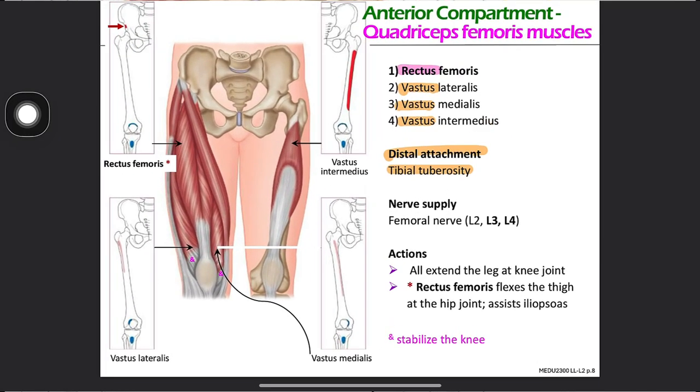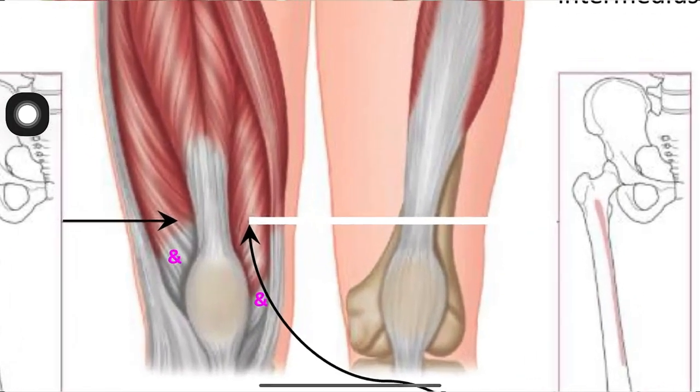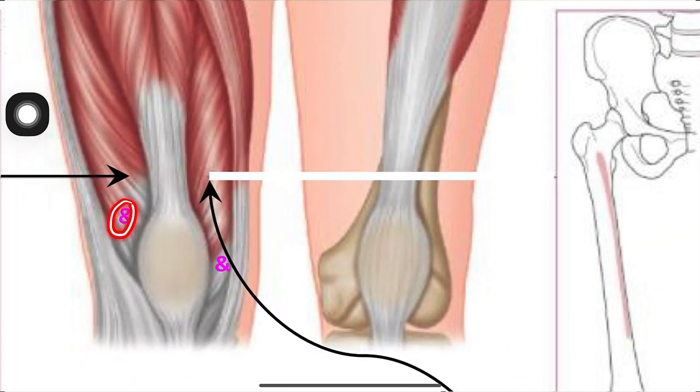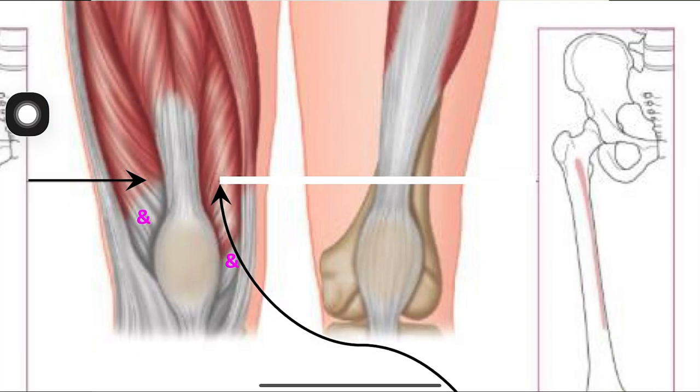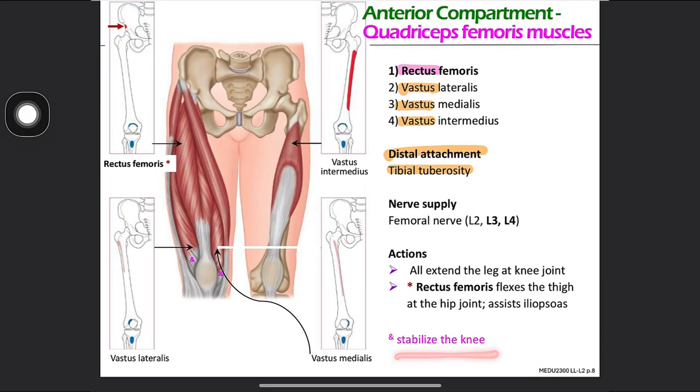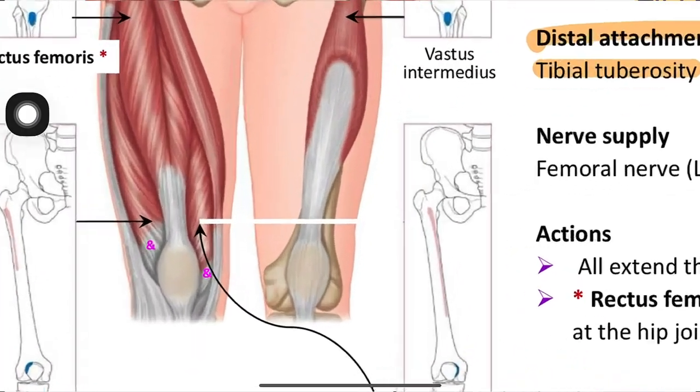And then I want to draw your attention as well. Can you see these 2 colors here? The muscle of the lateralis and also the medialis, these are connective tissues from these 2 muscles, which also help to stabilize the knee joint. Particularly this one. Why?